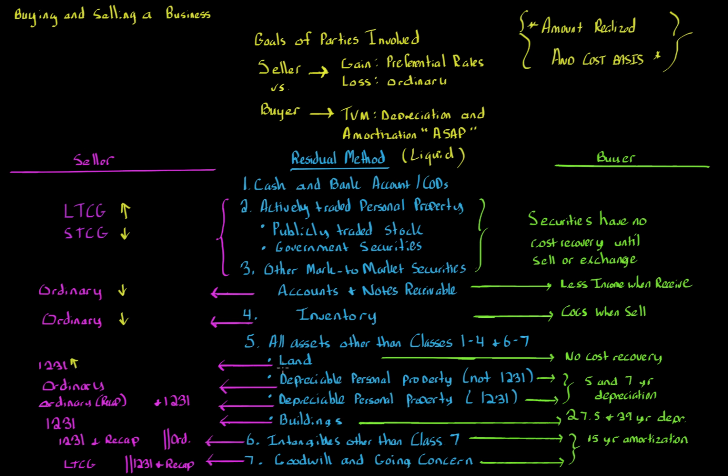So land, if held for more than a year, would be 1231. If it's held for a year or less, it would be treated as ordinary, and we want to obviously value that less. But let's assume the land here is 1231, so we want to value that high.